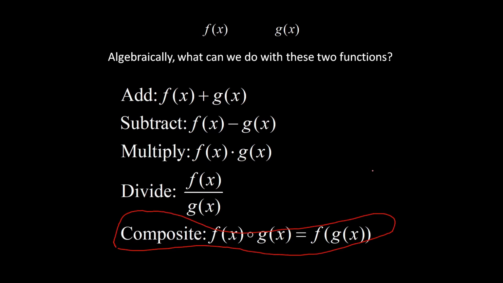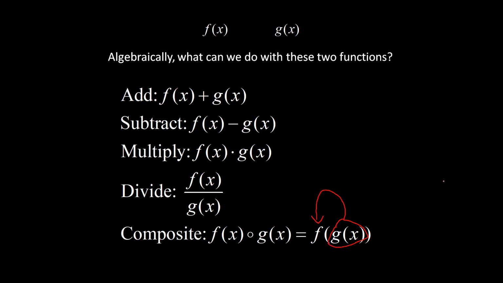So you may recall, you probably had one homework on this in 151, the composite given by this open circle. So we would read this as F composite G. And what this specifically means is you're putting the entire function G into the function F. Now there's no composite for numbers because it doesn't make sense to say what is 2 composite 5.